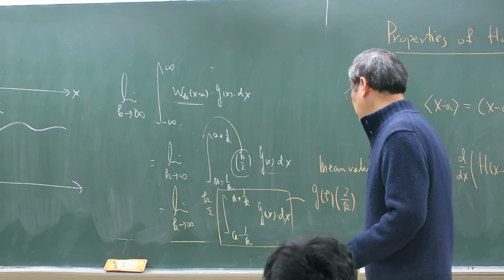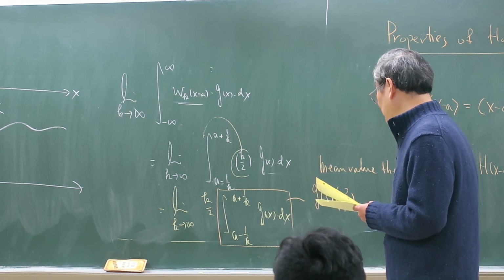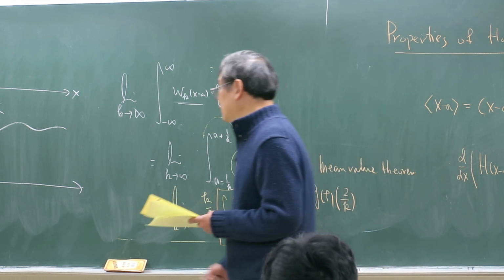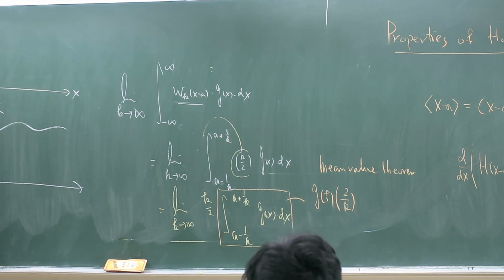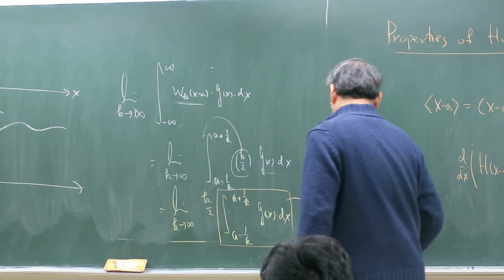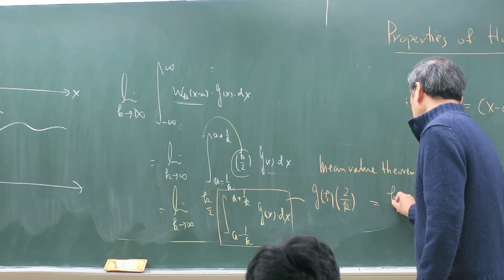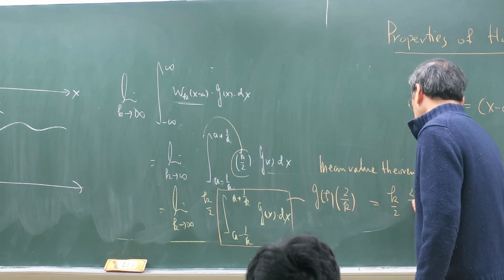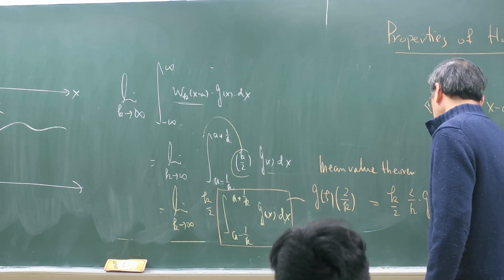So you can see when k is getting to infinity, this c value will go to a. So for k to infinity, this will be k over 2, times 2 over k, and g at a.